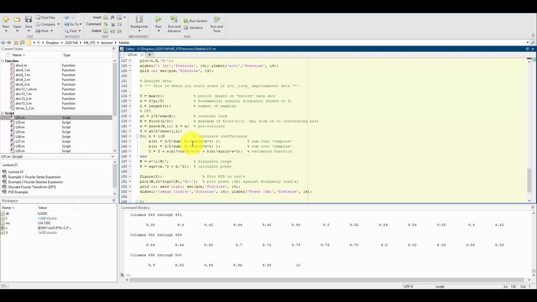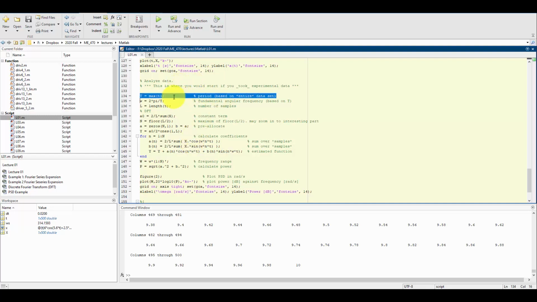But this is kind of the underlying mechanics of how those things work. They have more bells and whistles to them, but this is the very basics of what they're going to do: we need to, no matter what, find the coefficients of that discrete Fourier transform, that discrete Fourier series expansion.